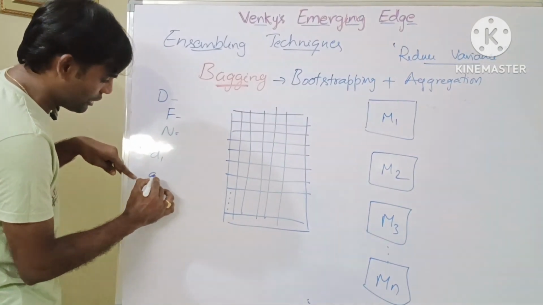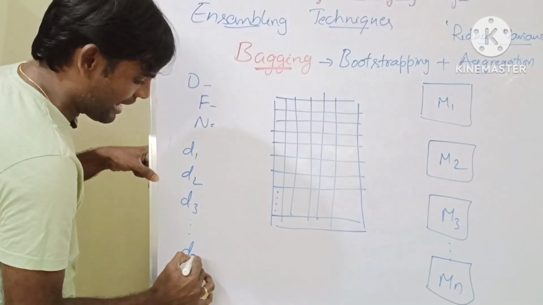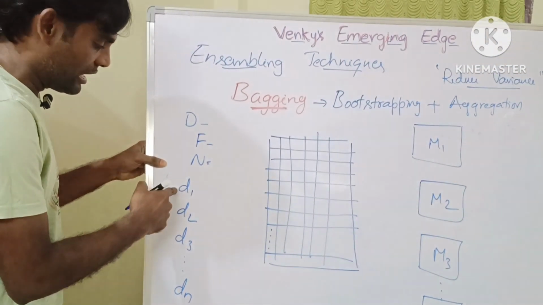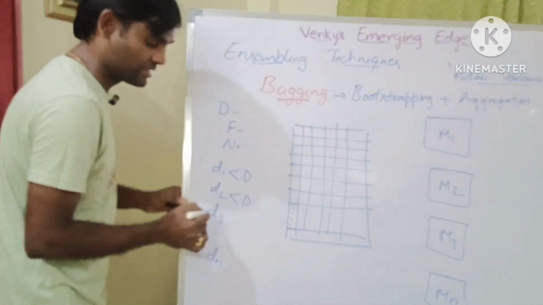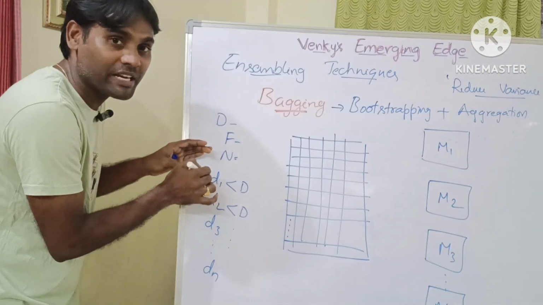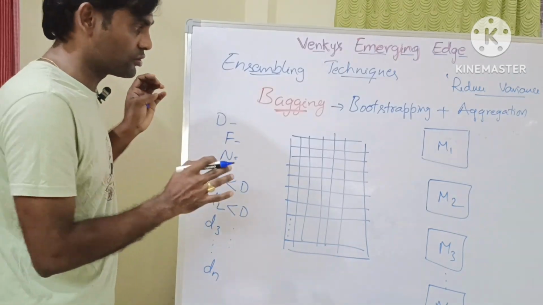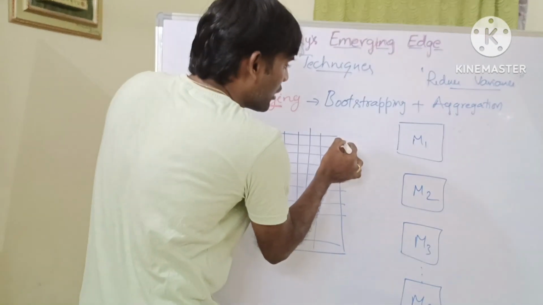All are subsets. Okay. So this data set is given for training to one model, and again another data set is given to another model. These data sets are fed to the different models by using the row-wise sampling method.